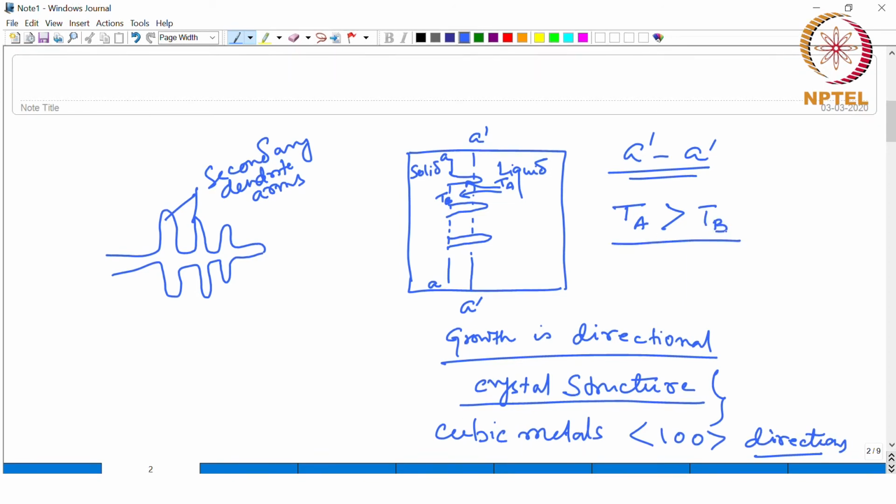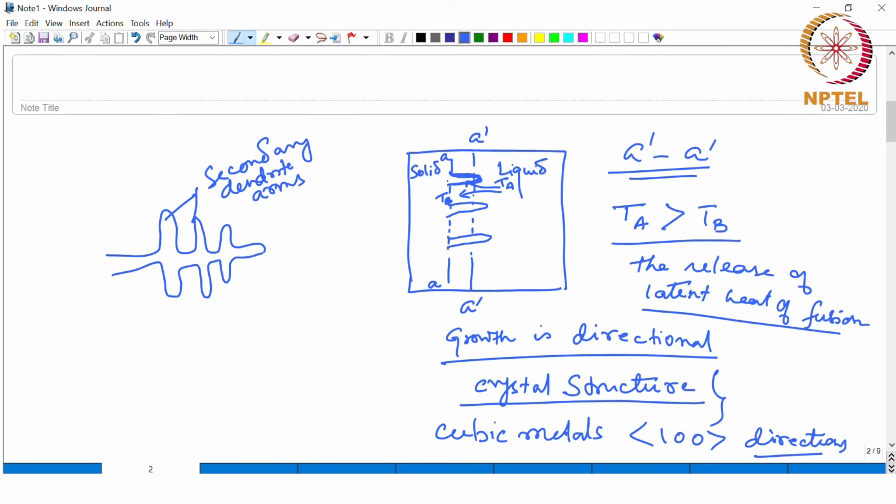because of the fact, as I said, the release of latent heat of fusion. So, this heat now is actually being released at these cell walls, right, because this is now solidified.